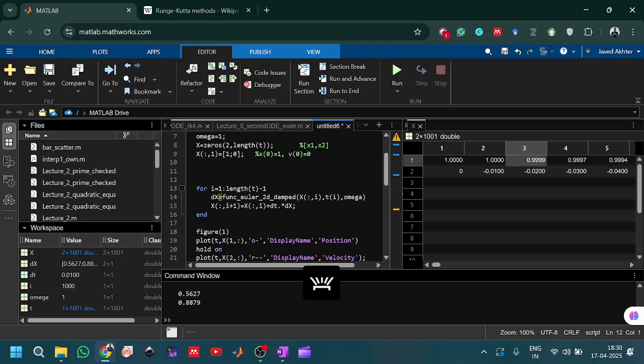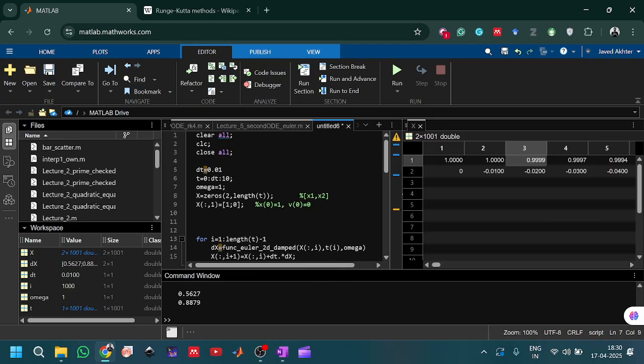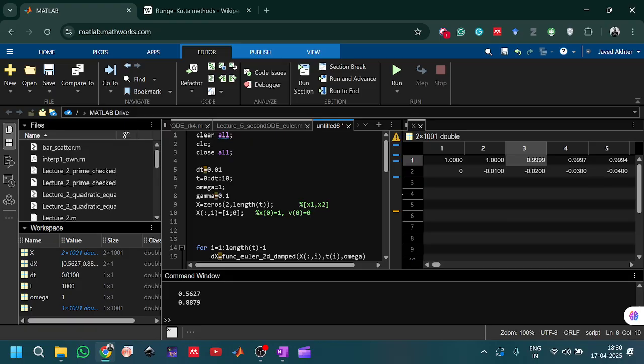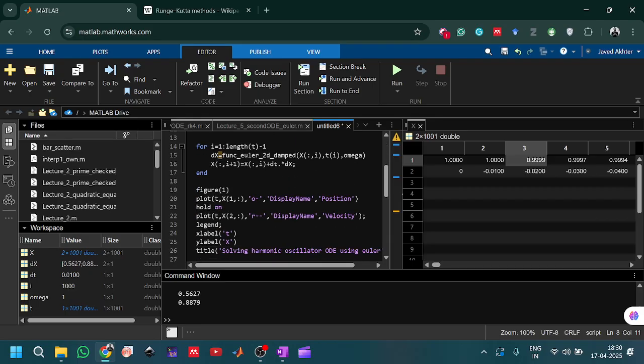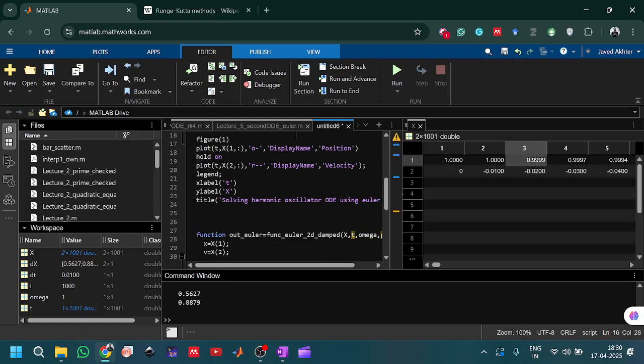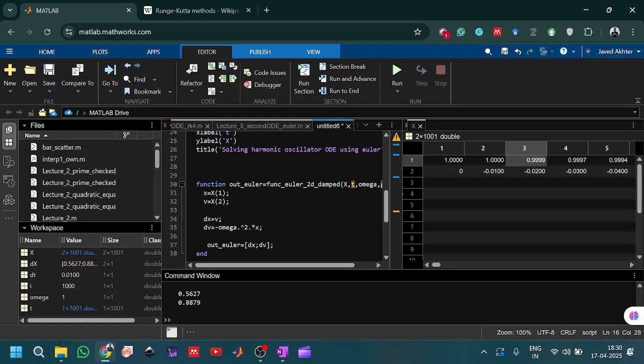What are the things that you need to change? You have to define what gamma is. Right now let's say 0.1. And what are the other things I need to change? Here dx dt is v and dv dt is minus omega square x minus gamma v.